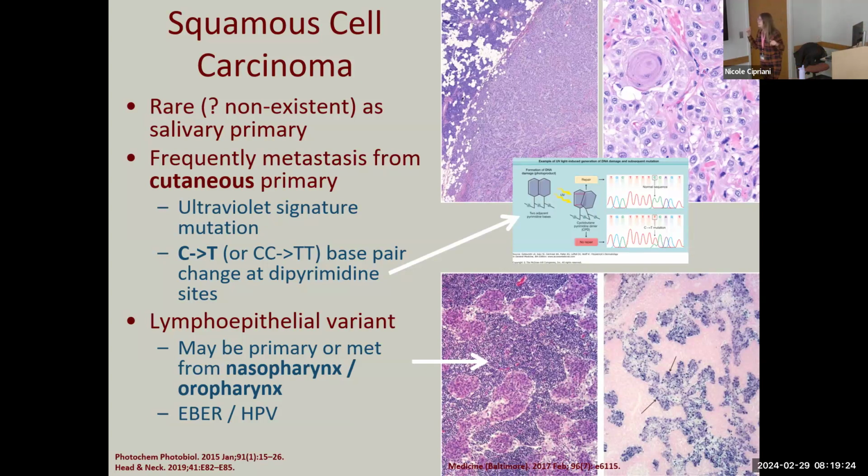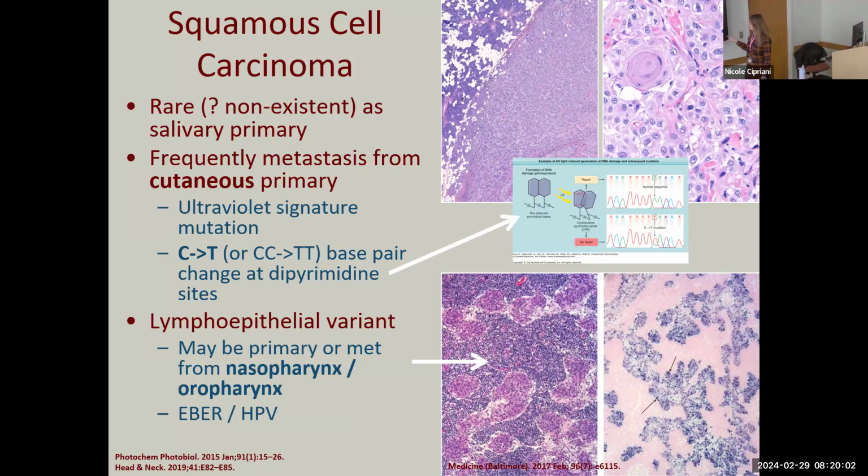You can do NGS and prove that there's an ultraviolet signature mutation, so the C to T or the CC to TT base pair changes, which is COSMIC signature 7, basically, for those of you who are interested in molecular. So if you can prove that it's a metastasis of a skin cancer, generally this is a better prognosis for the patient than an otherwise NOS high-grade salivary primary carcinoma, which tends to metastasize to visceral sites, etc.